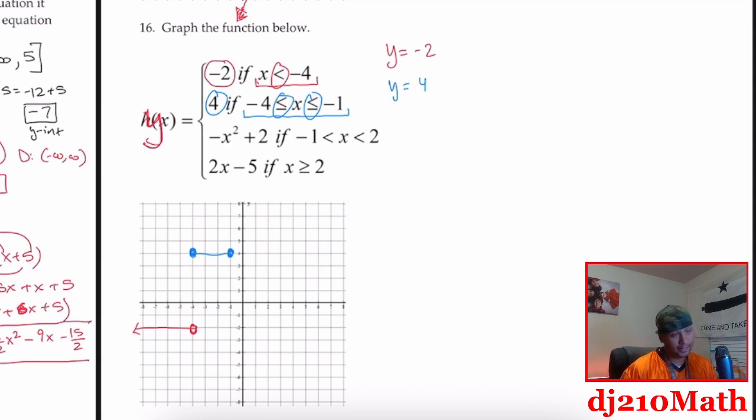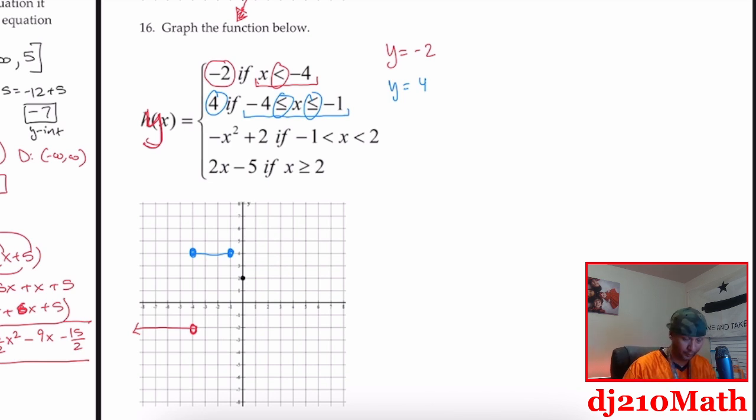Okay. Here we have a quadratic, negative x squared plus 2. So plus 2 is the y-intercept because this is standard form, if you want to look at it like that.